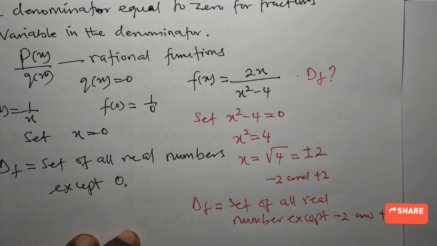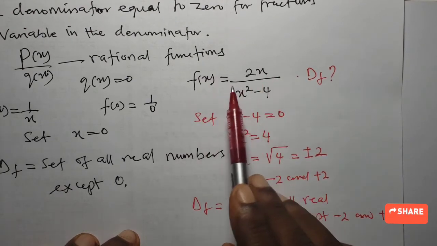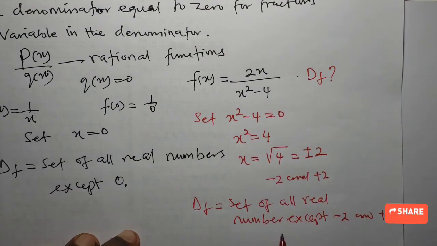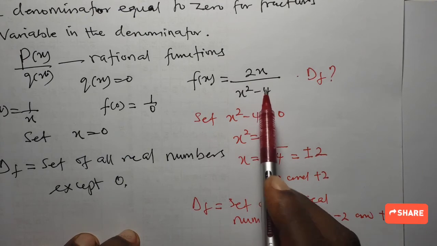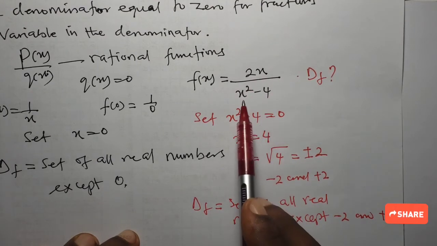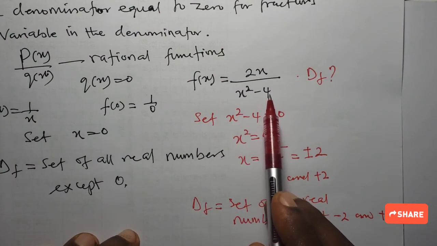So what we are saying here again is that for the function f of x equal to 2x divided by x squared minus 4, all real numbers when plugged into this function will give us images except the points negative 2 and plus 2. How? If we plug in negative 2 into this function, at the denominator we have negative 2 squared is 4, 4 minus 4 is 0.